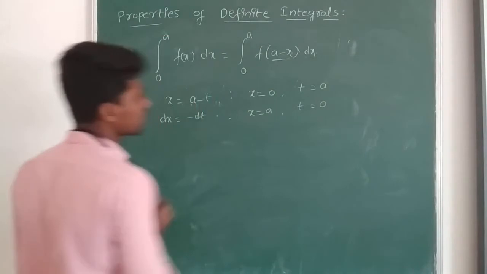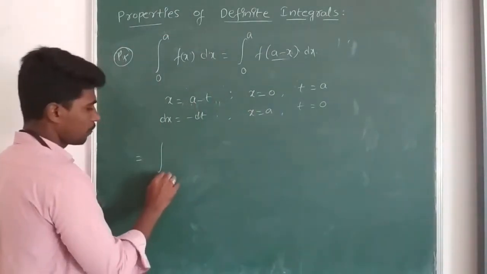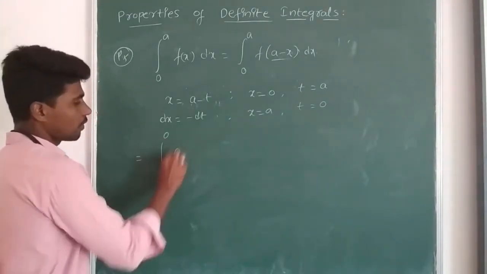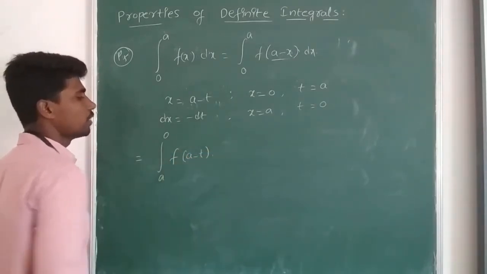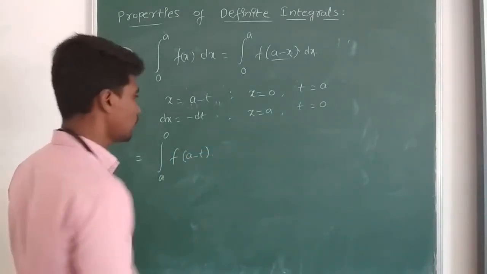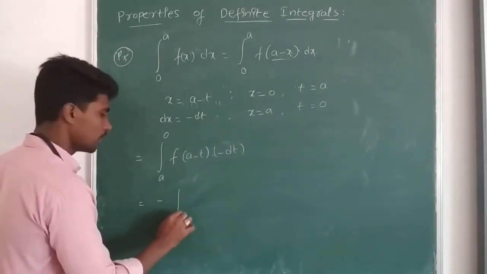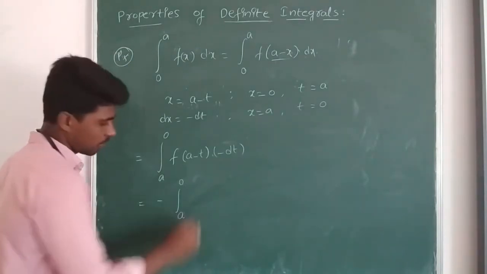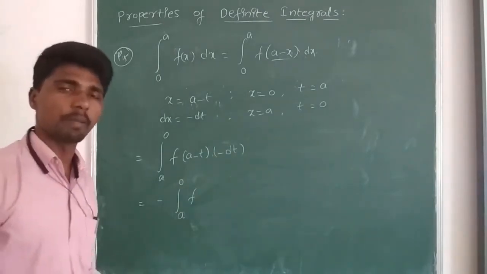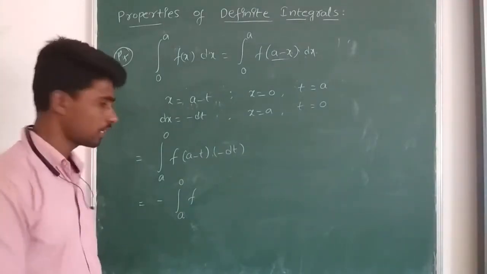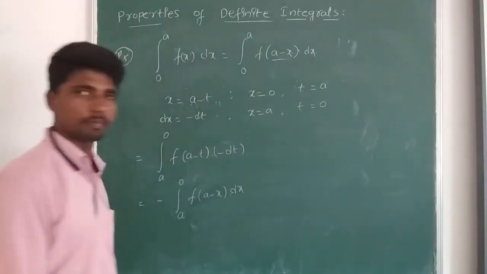Now the given integral can be rewritten as integral with the limits changed from a to 0. f of, I have to change x in terms of a minus t, so f of a minus t into the value of dx, which is minus dt. So now I get minus integral a to 0 f of a minus t dt. As per the first property, I can replace t by x, so I get f of a minus x dx.